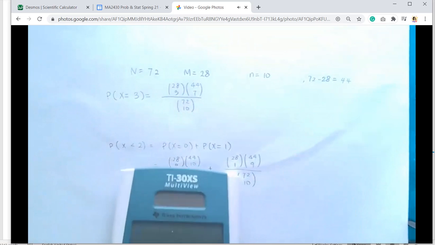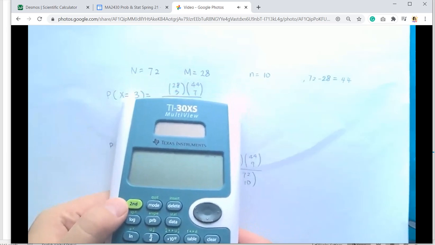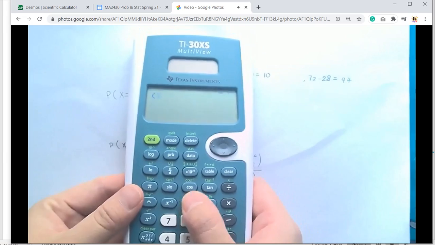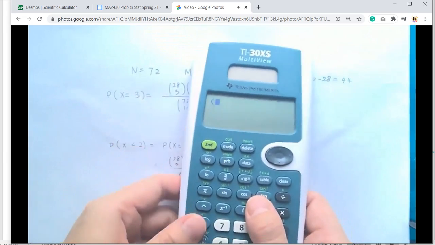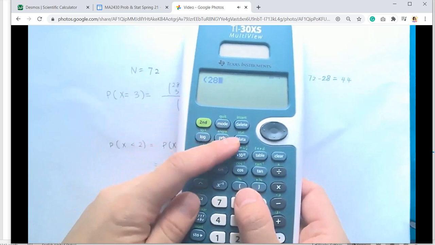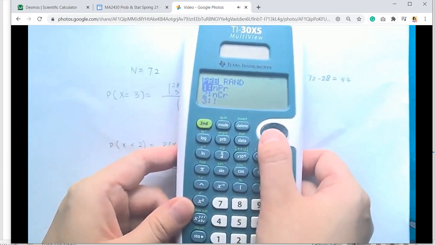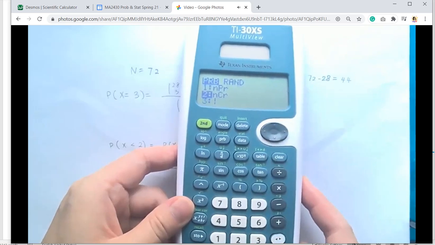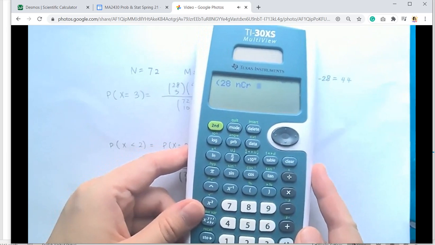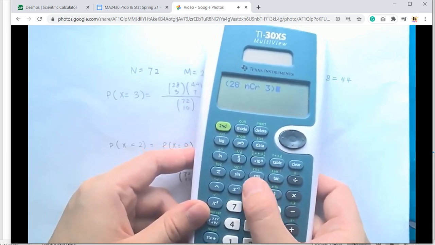Okay, so how do we put this in our calculator? So this is the calculator I use. So first of all, I need to put parentheses and 28. So 28, and you see I have this probability, and then I can choose combination. So NCR is combination. So 28 choose 3. So we plug in 3 here, and then parentheses.